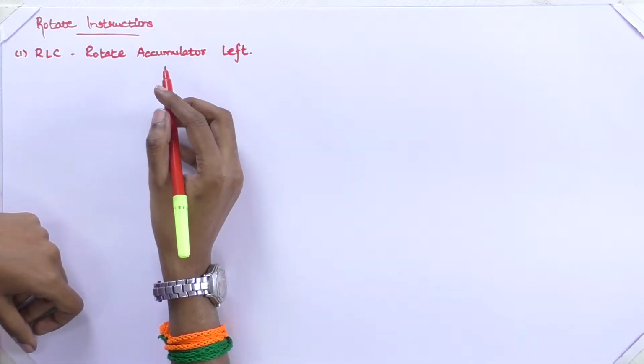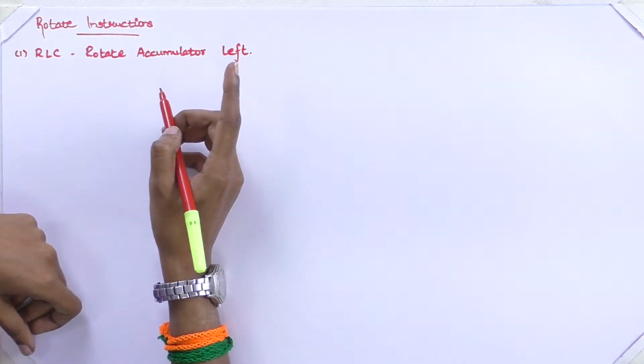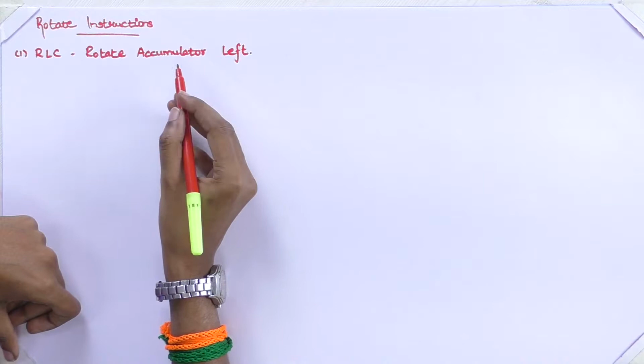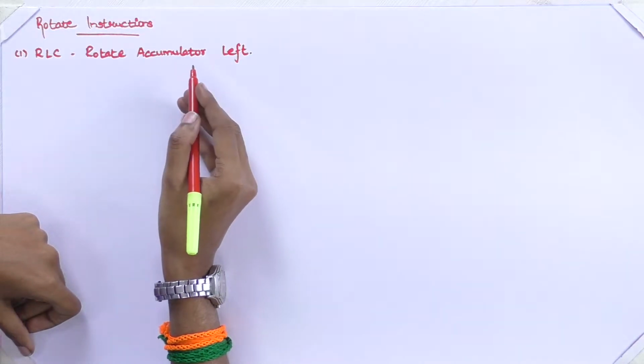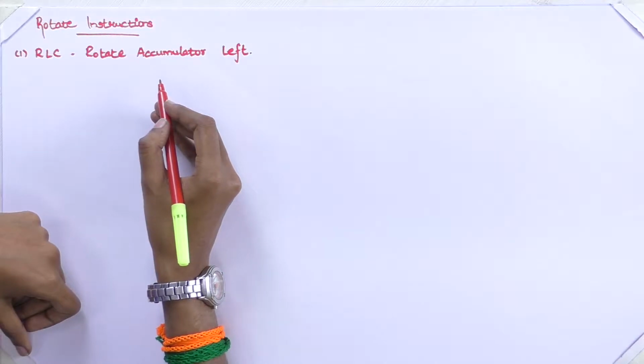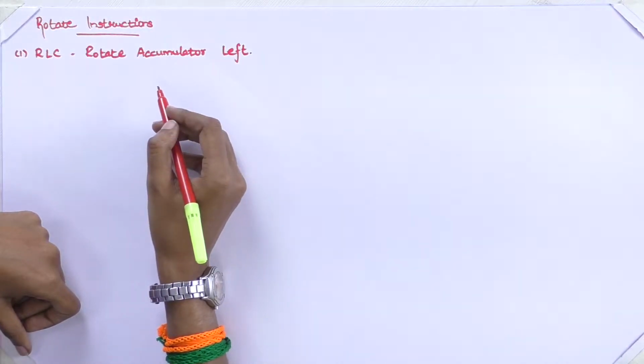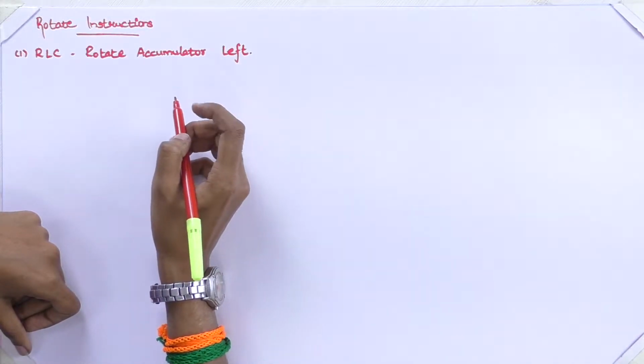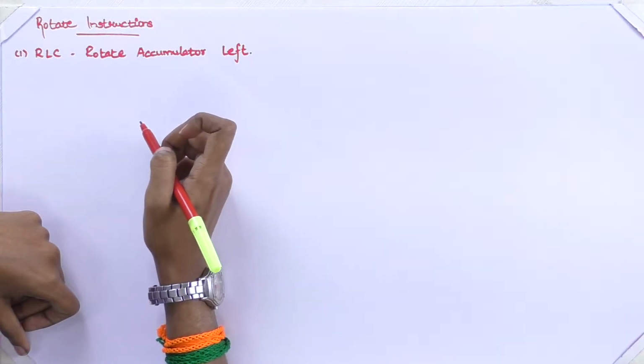This instruction rotates only the value in the accumulator. It won't rotate the values in the other general purpose registers. So the accumulator is how many bit register? It's an 8-bit register. So it will rotate the 8-bit values within the register itself.